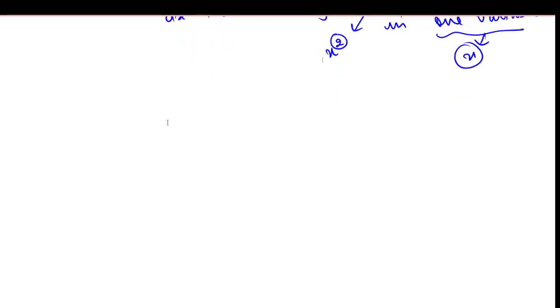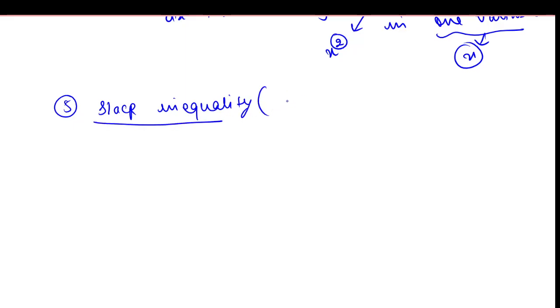Next is slack inequality. Any inequality which comes with a less than or equal to or greater than or equal to sign is called slack inequality.